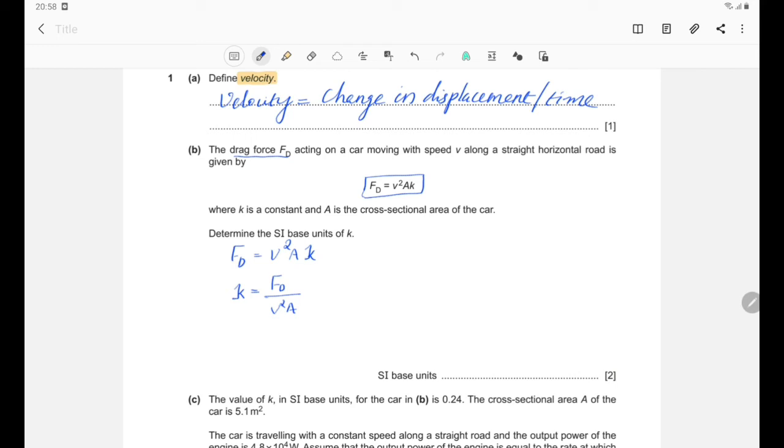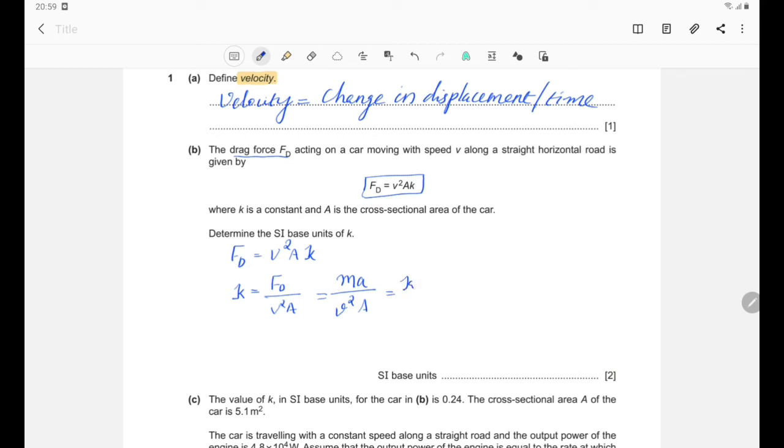Now we can find the SI base unit of each quantity at the right hand side of the equation. At the numerator, Fd, that is drag force, so it is force, and F is ma. So instead of force I can write ma over velocity squared times area of cross section. Now what is the SI base unit of mass?